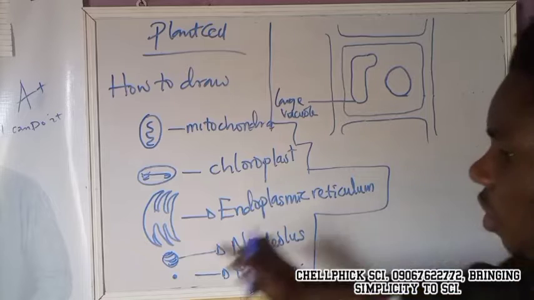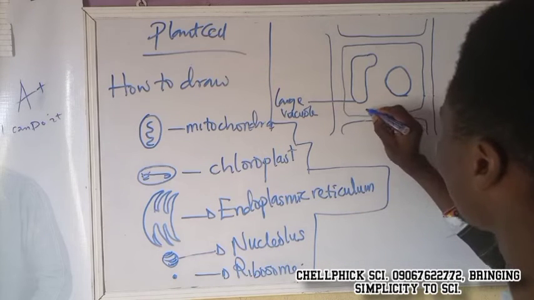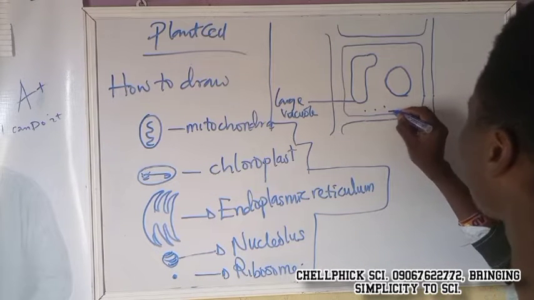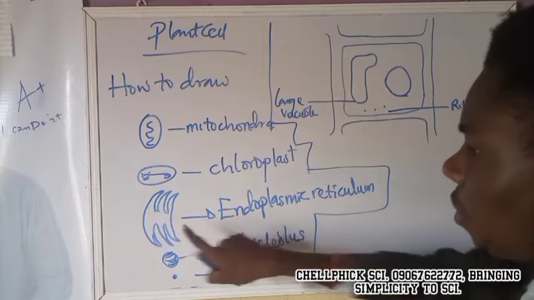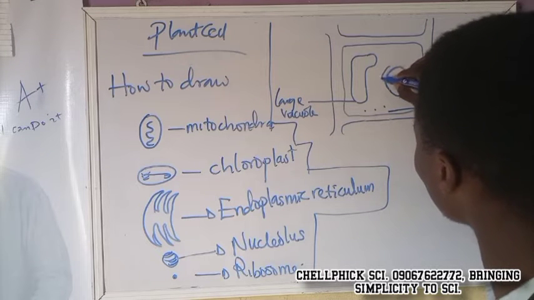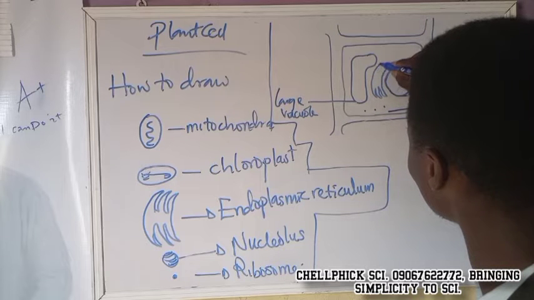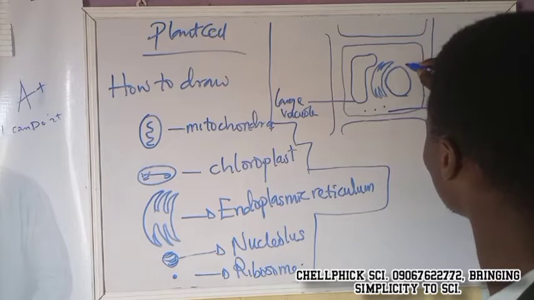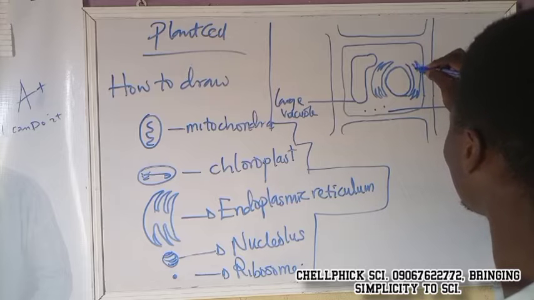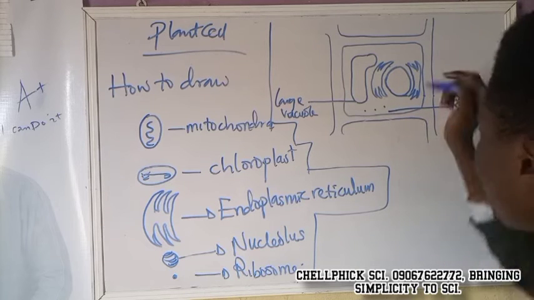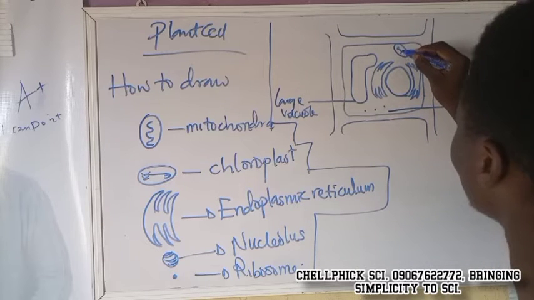So let's first put all this into it. We have the dot, dot, dot, dot, dot. I told you that the dots represent ribosomes. This one always surrounds the cell. For this one, we have this.